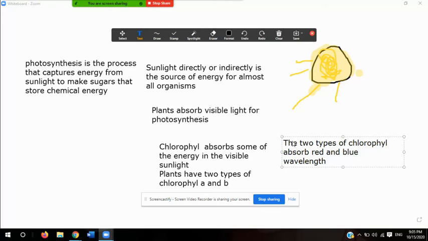Plants have other light absorbing molecules that absorb green light. So that's good to understand, good to know, to point out. I'm sorry, plants have other molecules that absorb green wavelength, I mean, green sunlight.